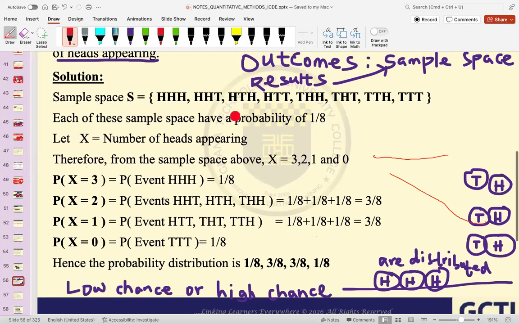So how do we do that? We are going to look at how the heads are appearing. So we start in this manner: let X represent the heads. So we use a variable to represent the number of heads.